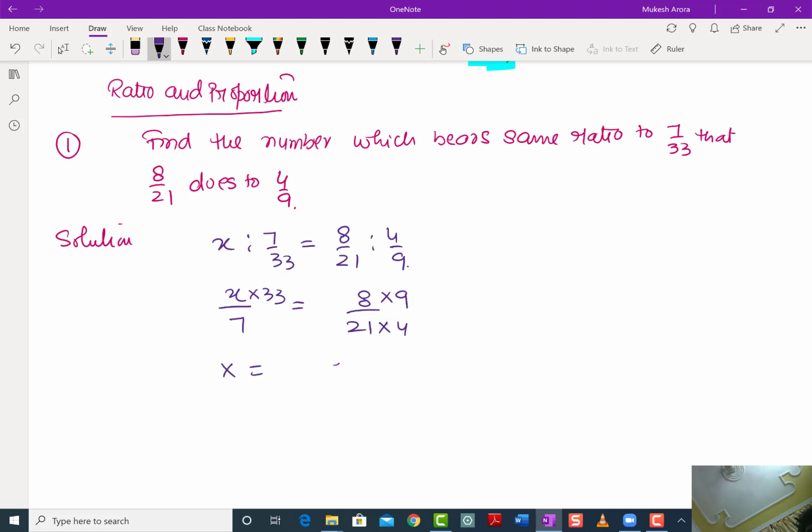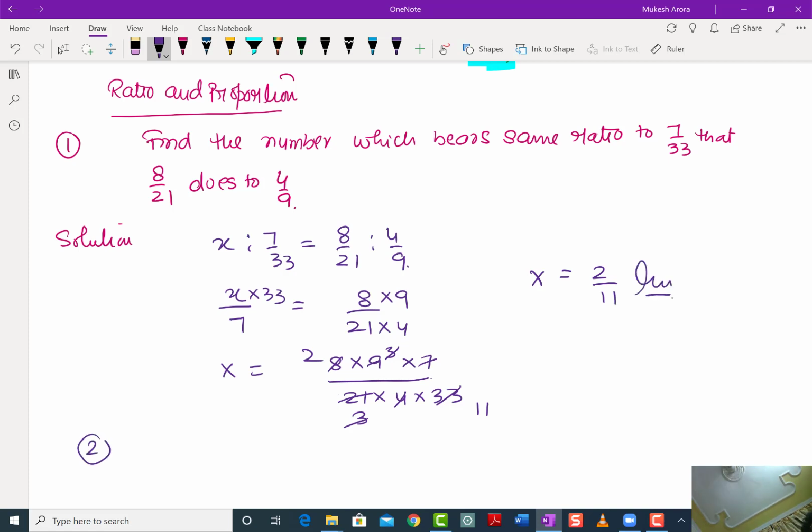So x is equal to 8 by 9 into 7 by 21 into 4 into 33. This is 3, this is 3, this is 11, this is 2. So x will be 2 by... See, you have to read the question carefully. That's it.